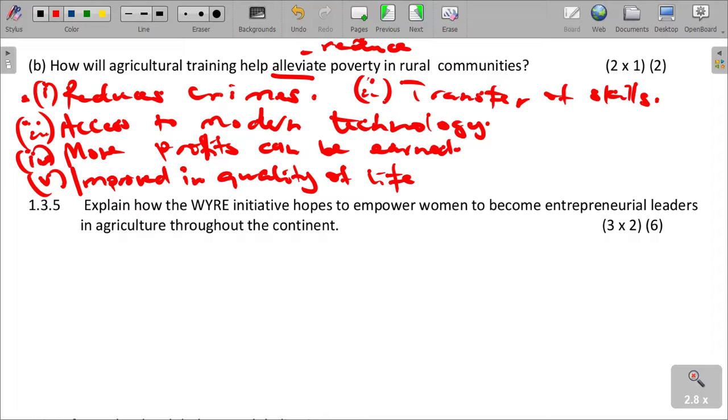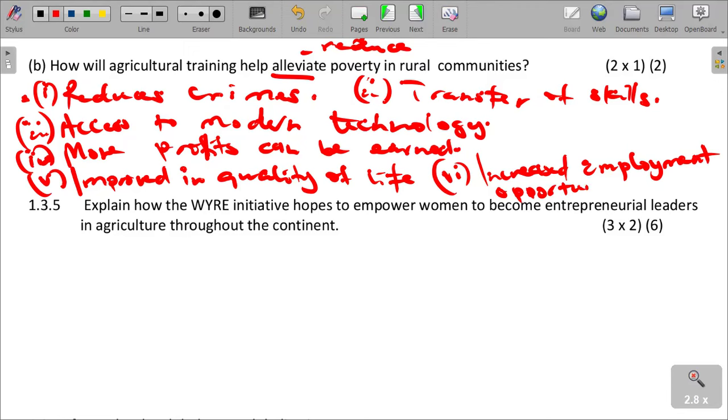And then we can talk about increased employment opportunities. Improved employment opportunities will obviously also help to reduce poverty.